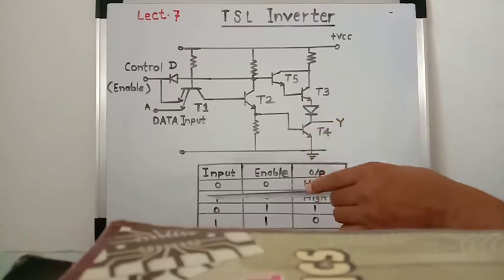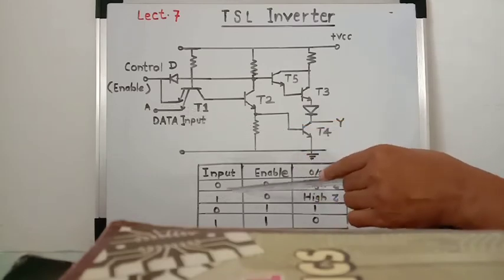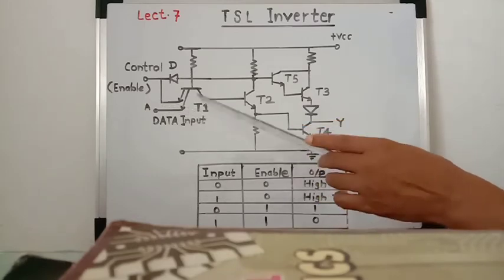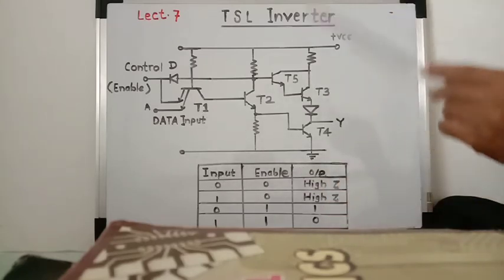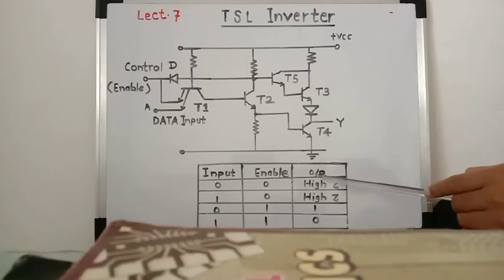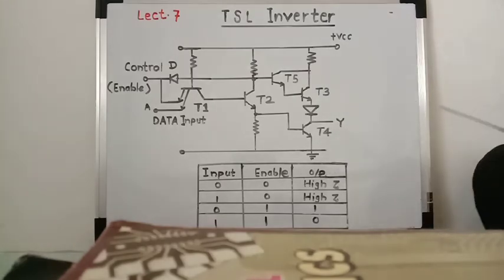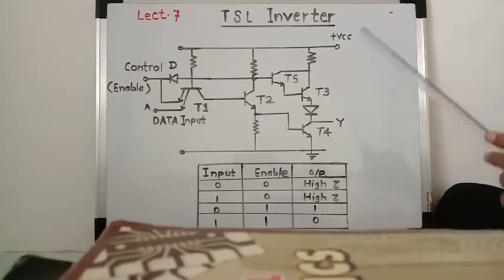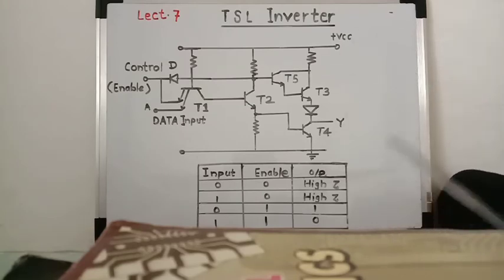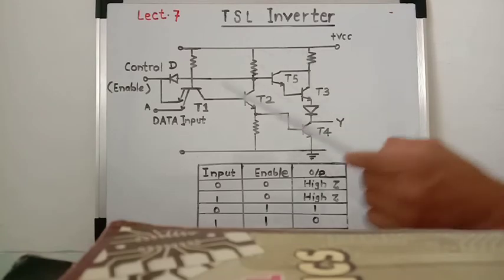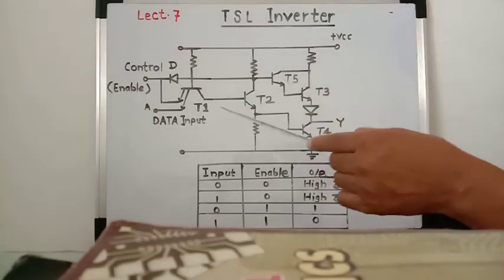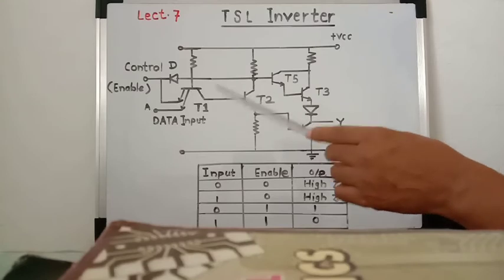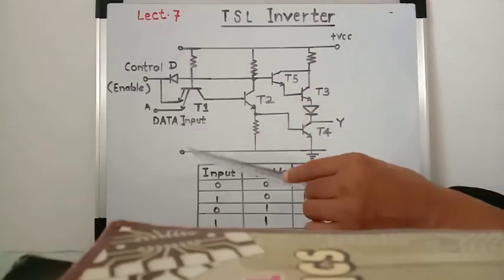Even if the data input is either high or low, the output of the TSL inverter goes into a high impedance state, also called tri-stated or floating state. Therefore, this TSL inverter remains inactive when enable is low.